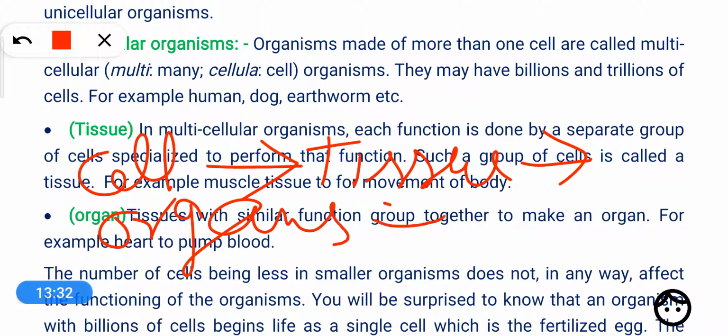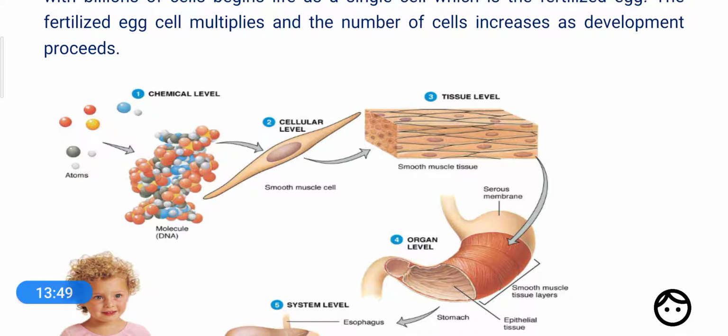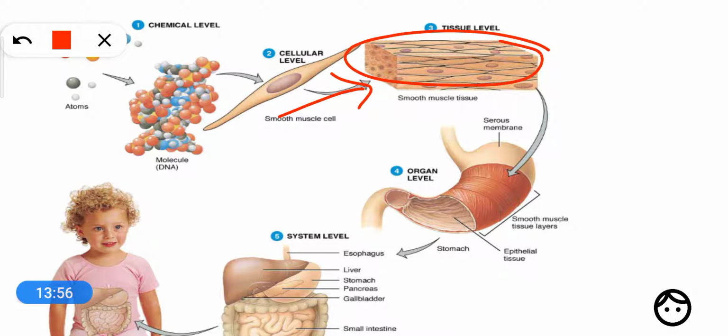In the same way, certain organs together perform some big particular function. So when some organs together perform a particular function, then that group of organs is called organ system. So this can be understood with the help of this diagram. Here you can see, dear students, many cells combine to make a tissue. This tissue will perform a particular function. For example, nervous tissue performs the function of carrying information.